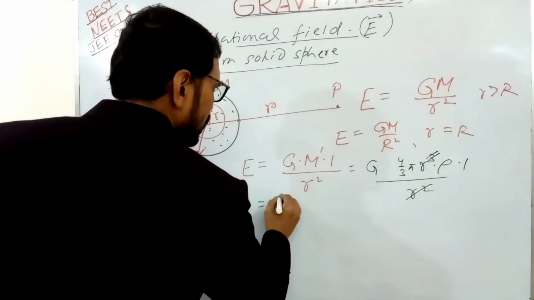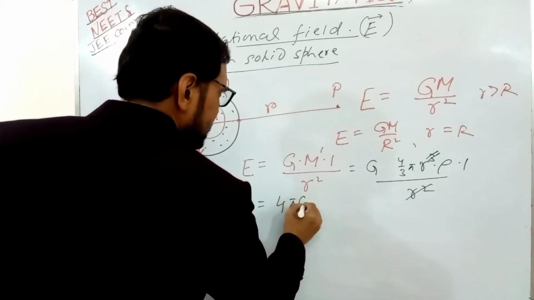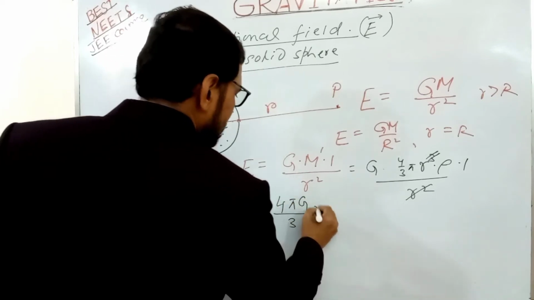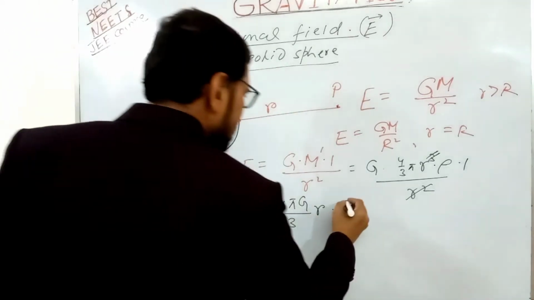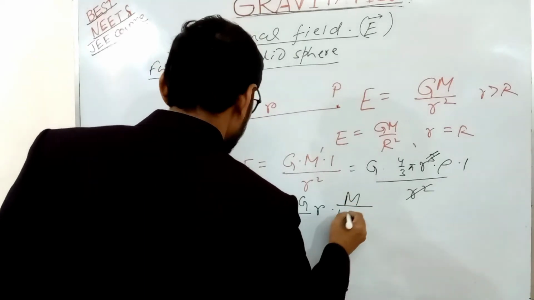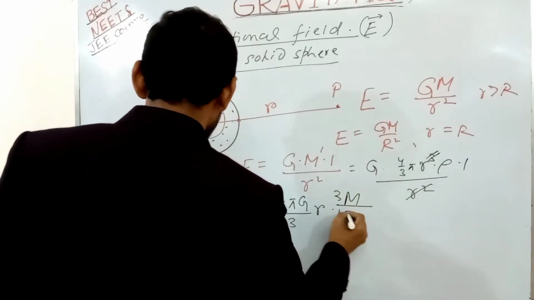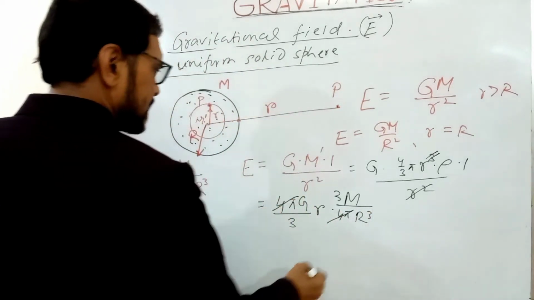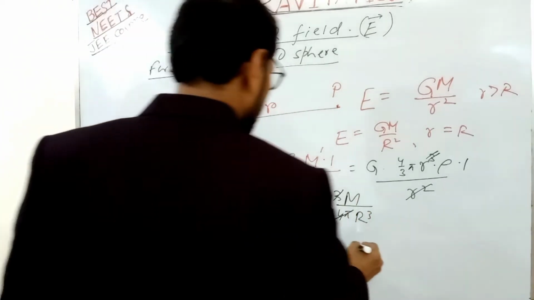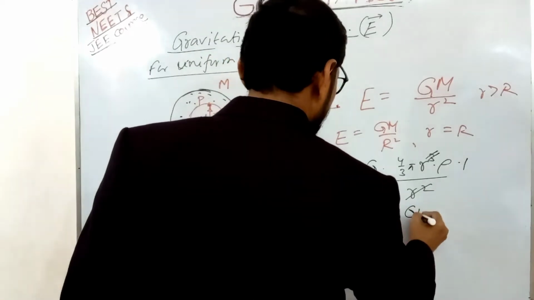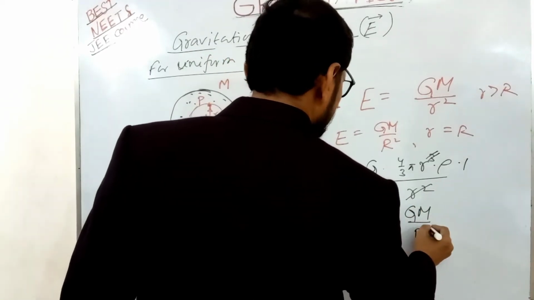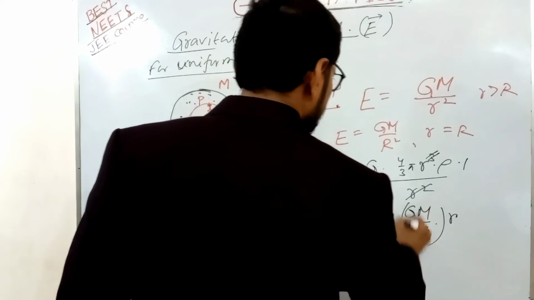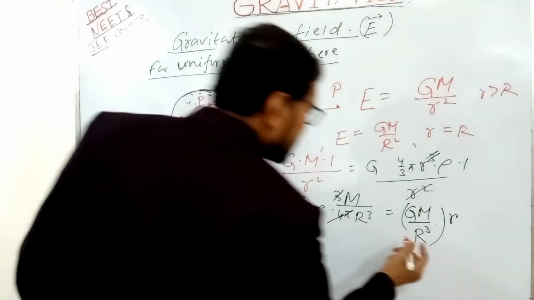Now this will be 4 pi G by 3 into r into rho. What is rho? Rho is M by 4/3 pi R cube. So 4 pi cancels, 3 cancels. So this will be GM by R cube into small r. So the result is this way.